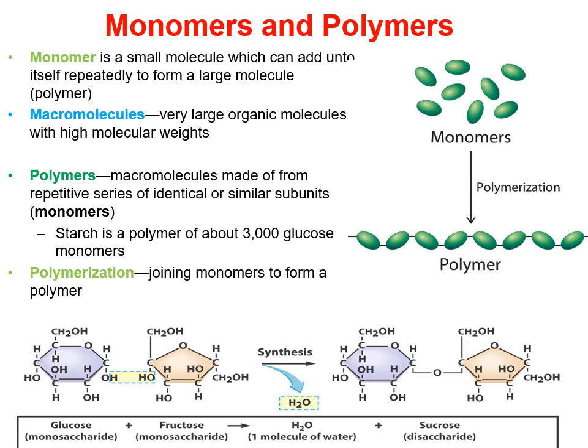So basically polymers are made up of monomers. Starch, for example, is a polymer of glucose, and it's made up of more than 3,000 glucose monomers attached together. Now, polymerization is the process wherein monomers combine to form a larger macromolecule we call a polymer.